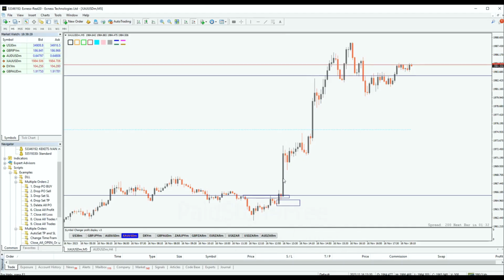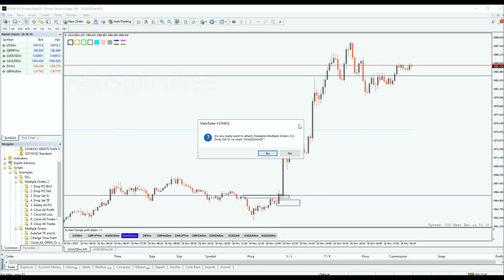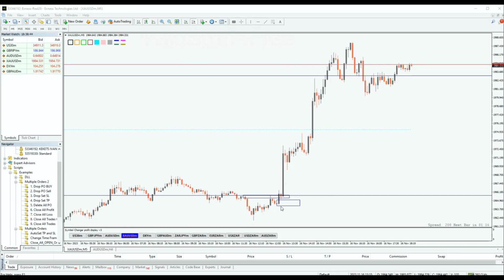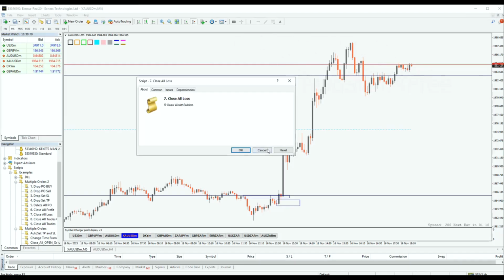I put my stop loss once my trades have run at least like this. Here, once I entered this big candle, I was in profit, then I dropped a SL just here. But if the candlestick closes below here, I close them manually. I just drop a script to close all of them at once.